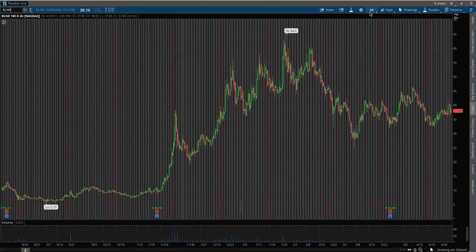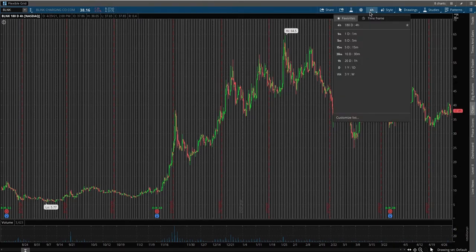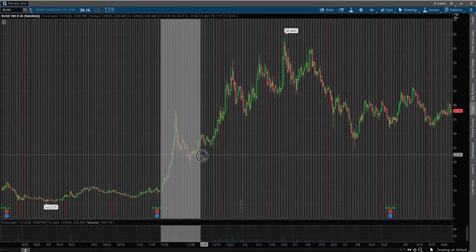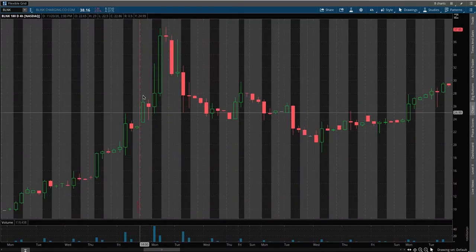Okay, so right now, if you go right here, this is called the time frame. Right now it's showing 180 days, which is all of this, and 4 hours, which means each interval is 4 hours. So if we zoom in, on a 4-hour chart, this bar represents the price, which is over here, see, 24, 22, 26.